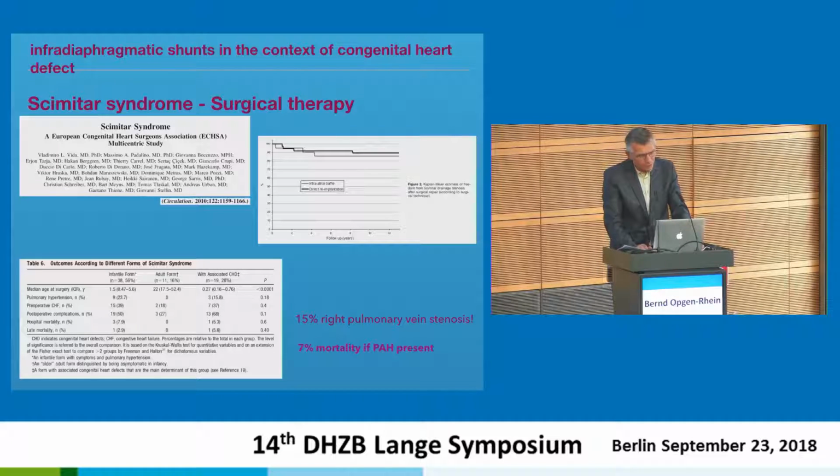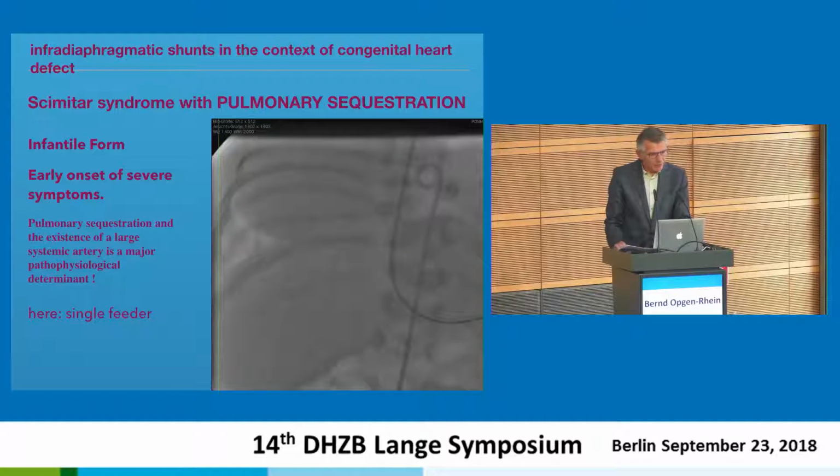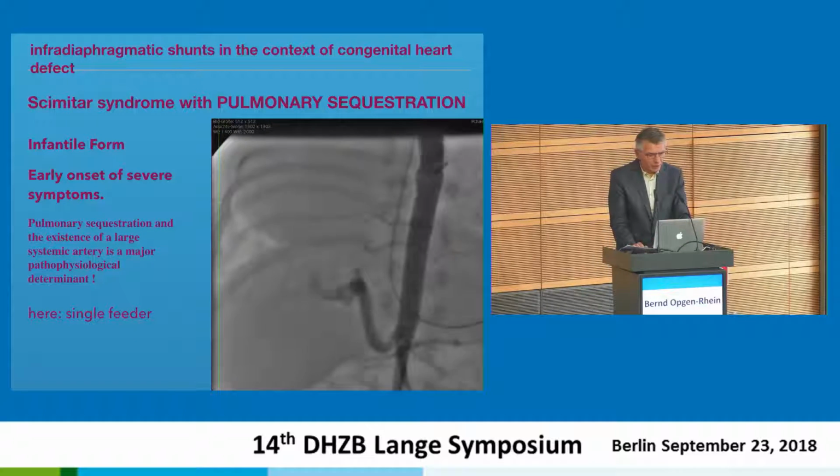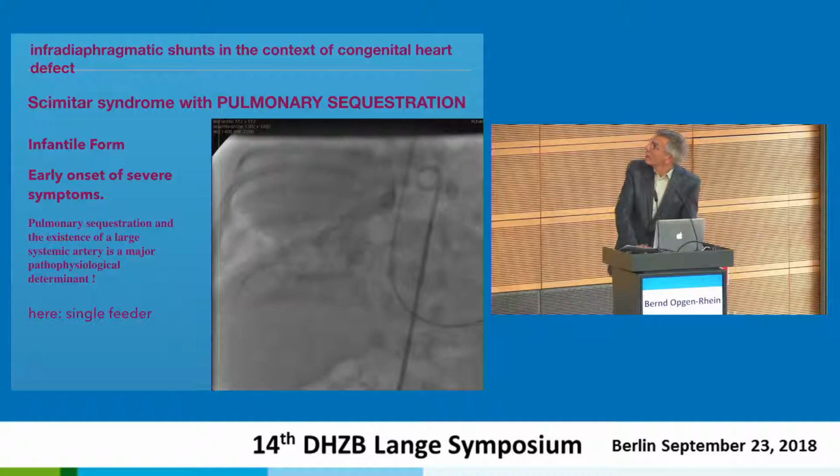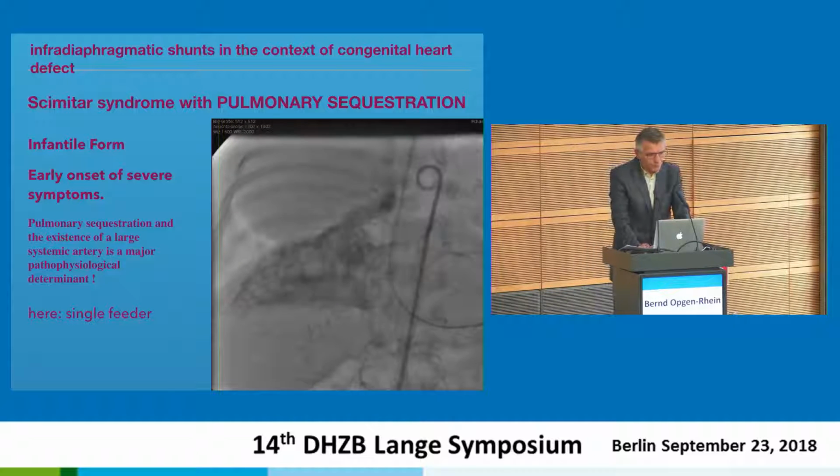This mortality is usually found in the infants, and every one of these patients has pulmonary arterial hypertension. This is the main topic for me, because pulmonary arterial hypertension leads us to the infants with early symptomatic Scimitar syndrome. And these are the Scimitar syndromes with pulmonary sequestration, as we see in this case.